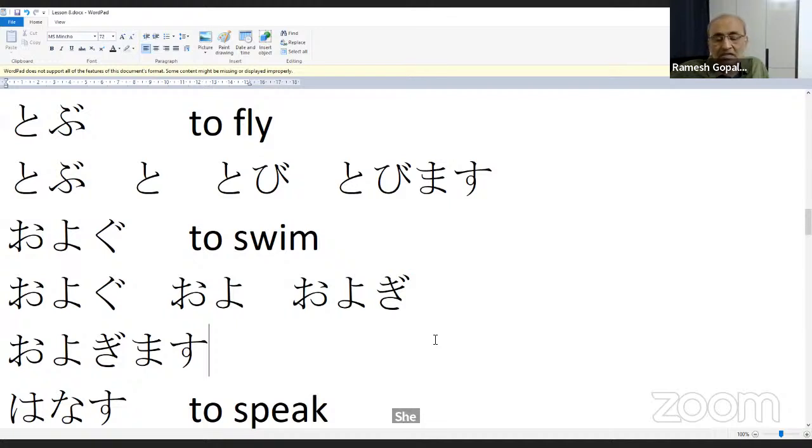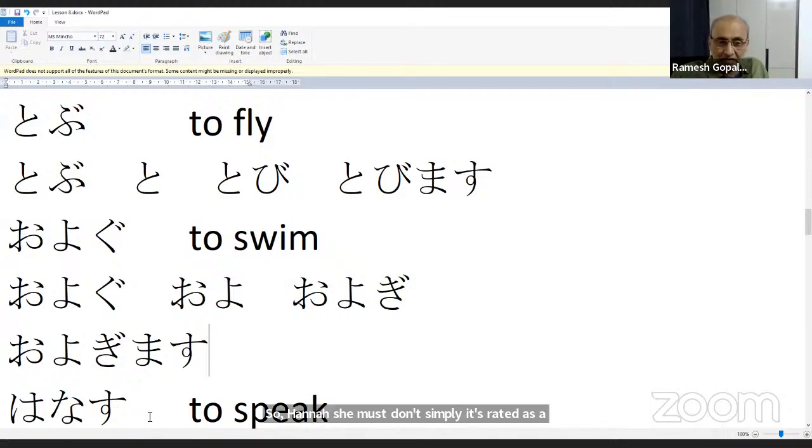Add mas. That's it. If you don't do that step by step, the problem is you might forget. That's why I'm saying: hanasu, drop su, add shi, and then add mas. So hanashimas. Don't simply say hanashimas straight away.